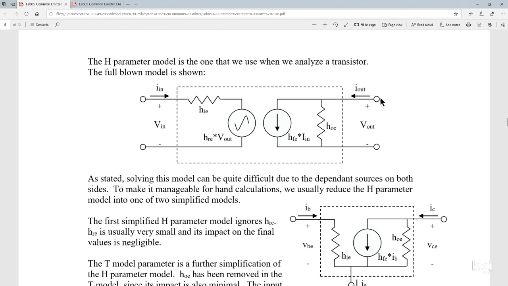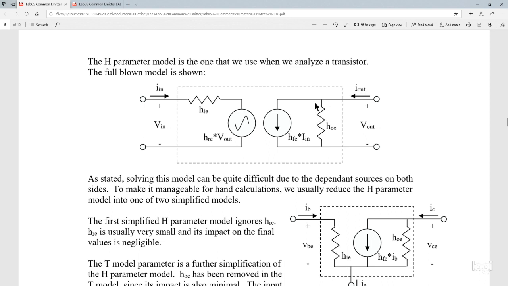If I put a voltage here, the current going into the output will actually go up a little bit if I change the voltage. So it's not a perfect current source, and we model that effect by putting a parallel resistance in with the current source to model that leakage.